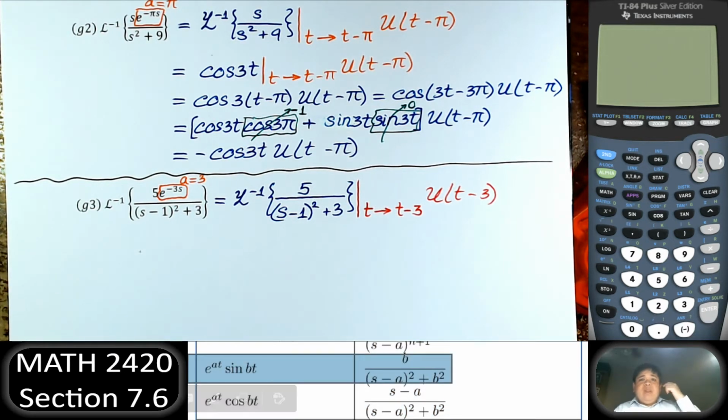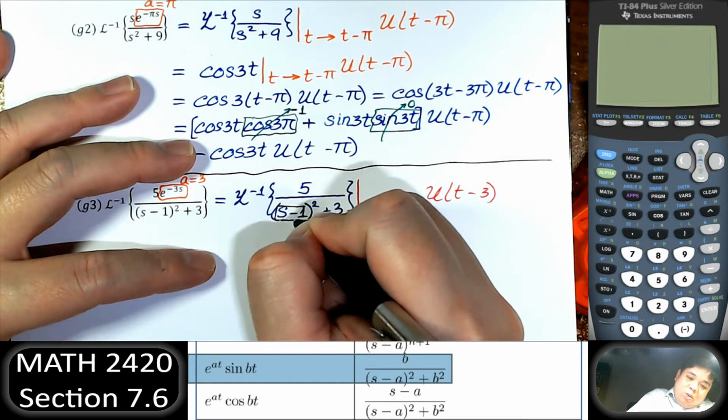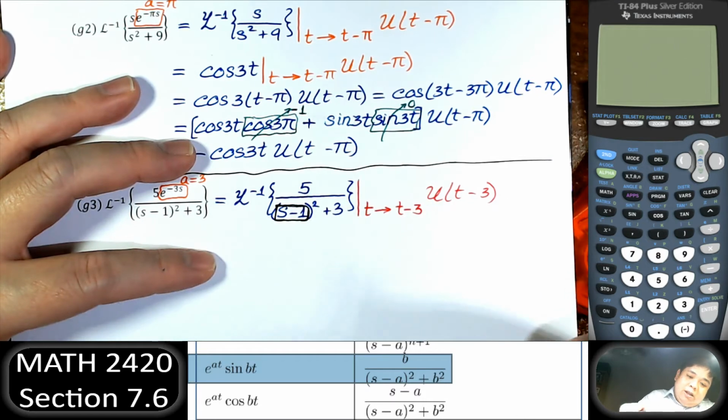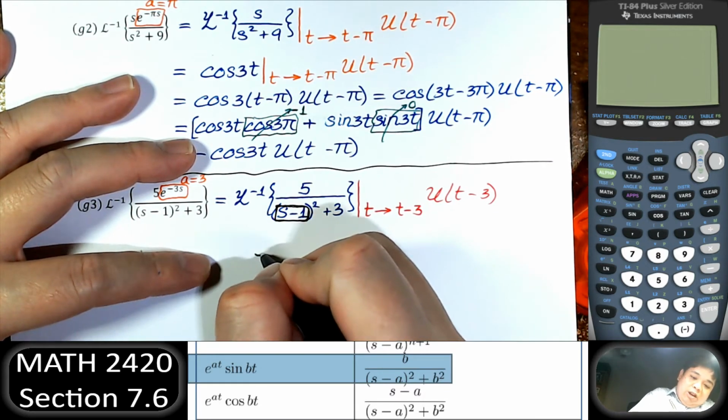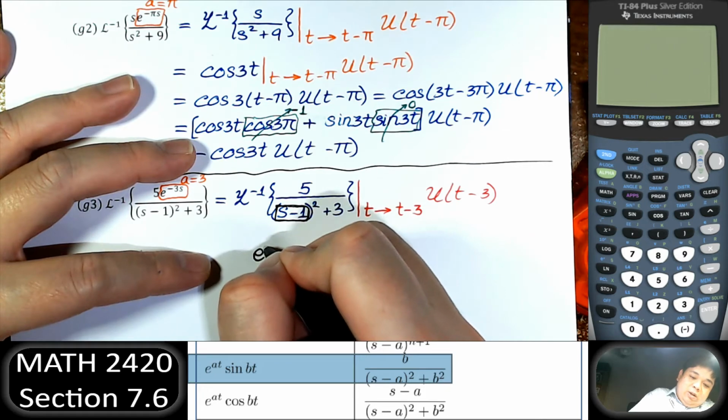But notice that if we go back to section 7.4, there will be another transform here. If we replace s minus 1 here, that we can transform into e to the t.